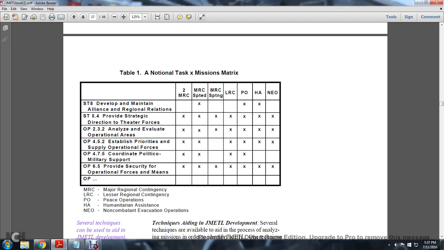You have strategic development, maintaining alliance and regional relations. Strategic theater, providing strategic direction of theater forces. Operational plan, analysis, evaluation, operational areas, establish priorities and supply operational forces, coordinate with political military support, provide security for the operational forces and means.